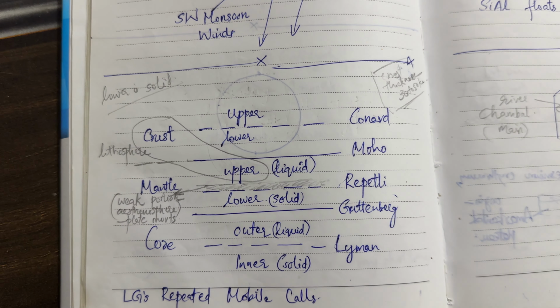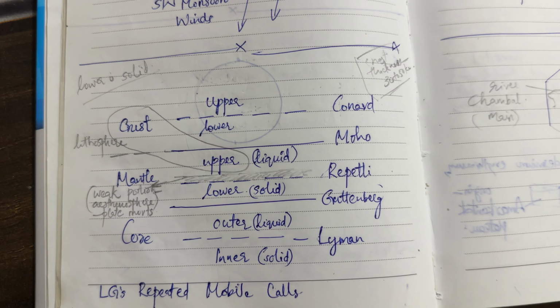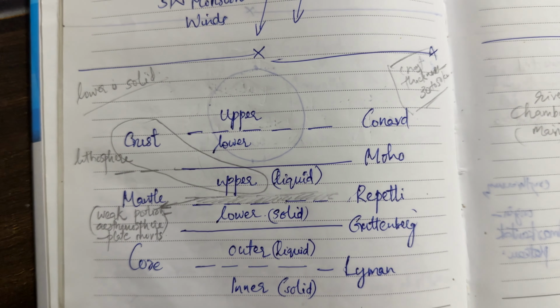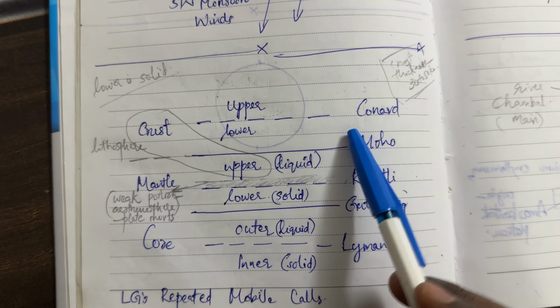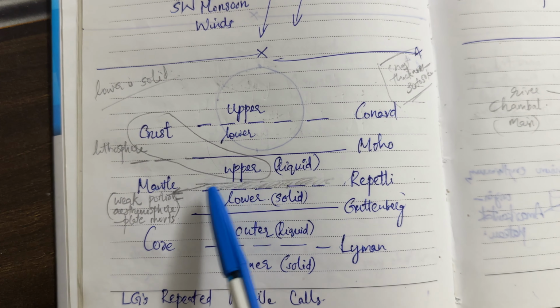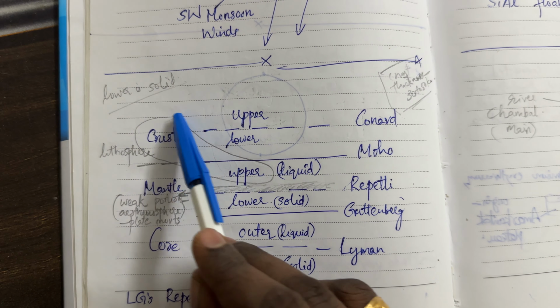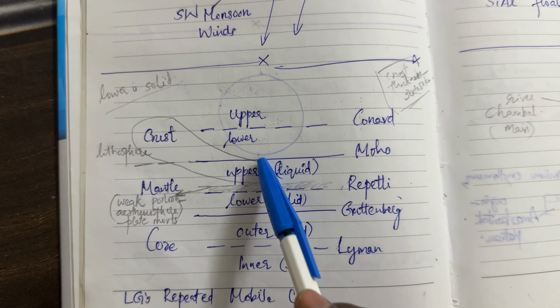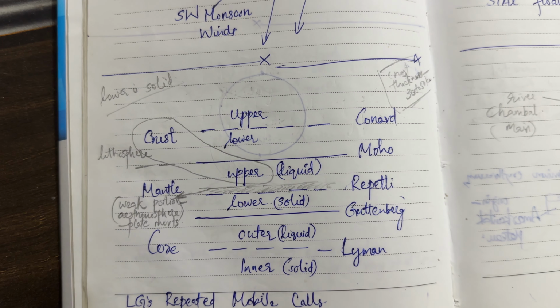In exams there is always a question like what is the lithosphere. This portion, the crust plus the upper portion of the mantle, is called the lithosphere.